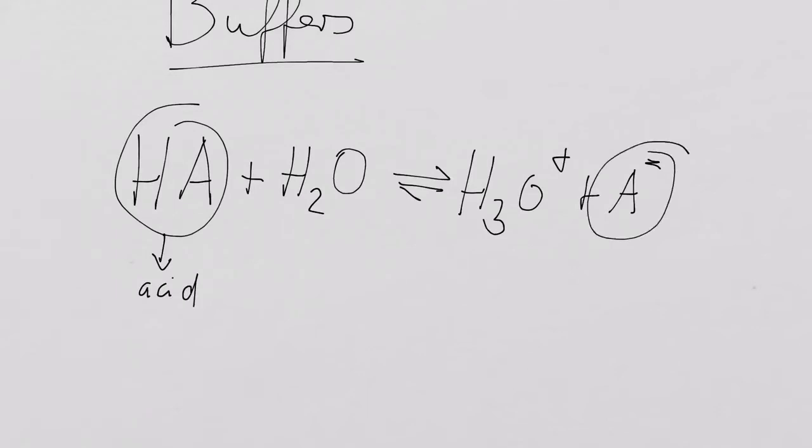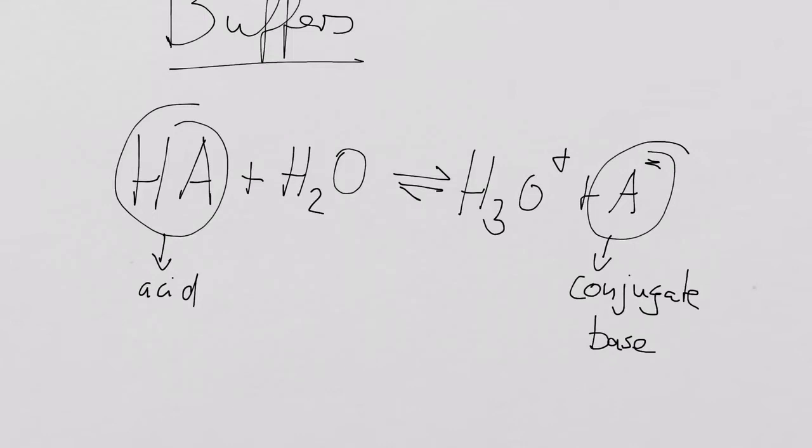What's that? It's the conjugate base, exactly. And I told you last week that the easiest way to deal with the acid and the conjugate base is that the conjugate base has one proton less than the acid.